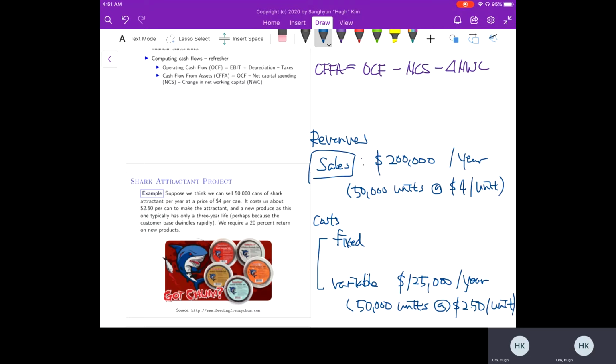And a new product like this typically has a 3-year life. So we can generate these revenues and incur these costs for the next 3 years and require a 20% return on new products.